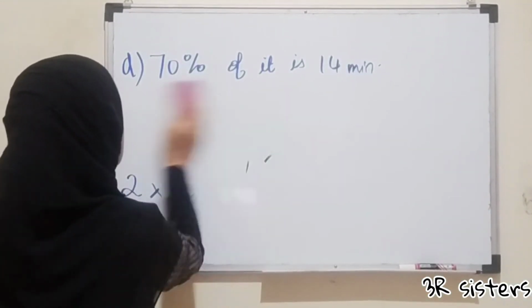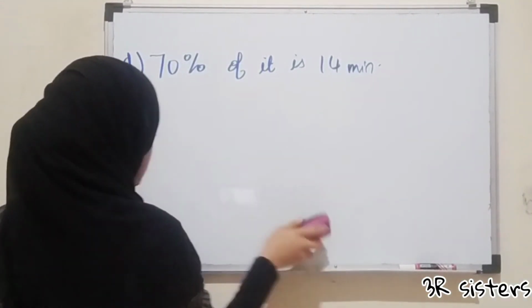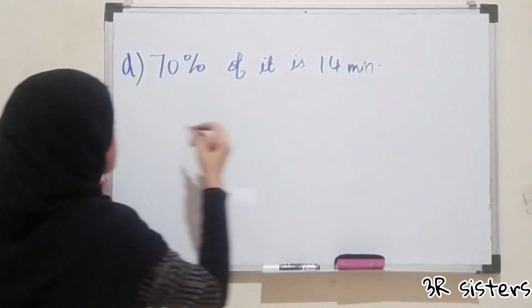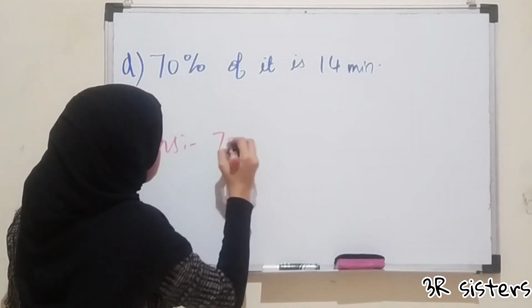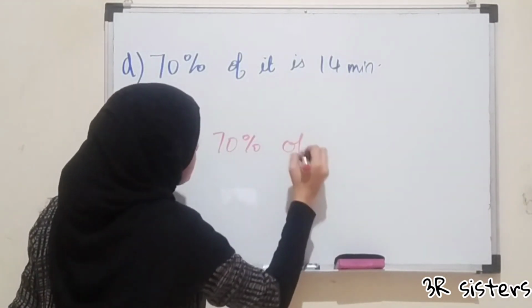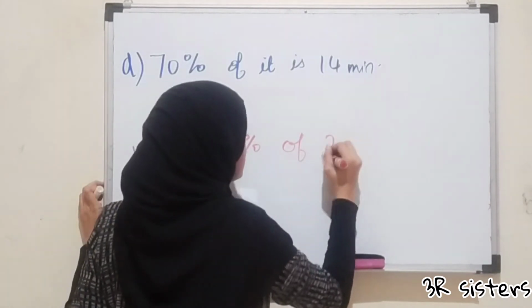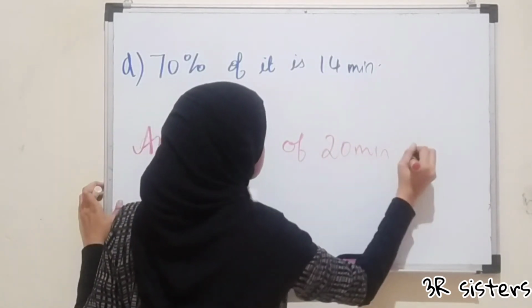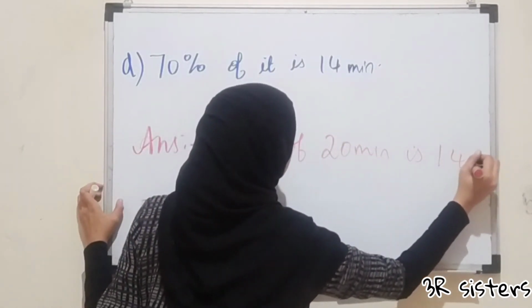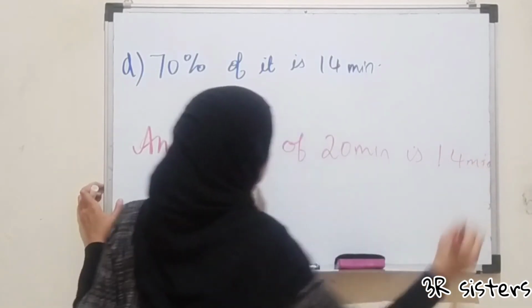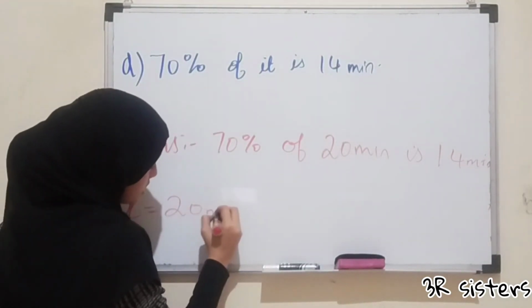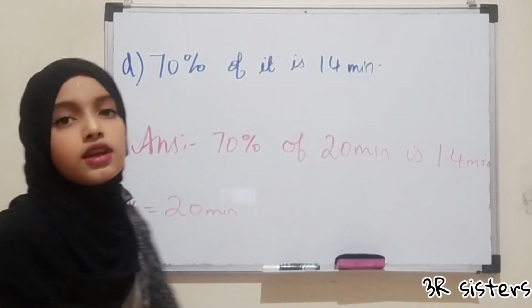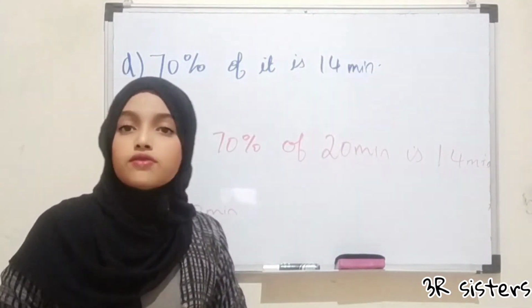Answer is 70% of 20 minutes is 14 minutes. Okay? Now what is x? x is equal to 20 minutes. Now we got the answer for the D question.